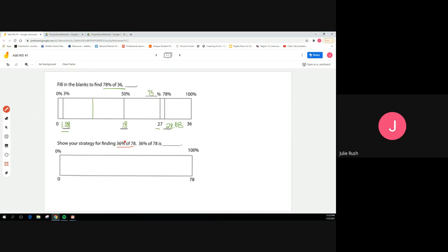And so really quickly, I always mark my 50. Sometimes I need it, sometimes I don't. I usually do my 10%. Since I'm going to 36, I know I'm going to need a 5% and a 1%. So I've got a lot of stuff going on here. That's going to be my 5%, and then this will probably be my 1% here.